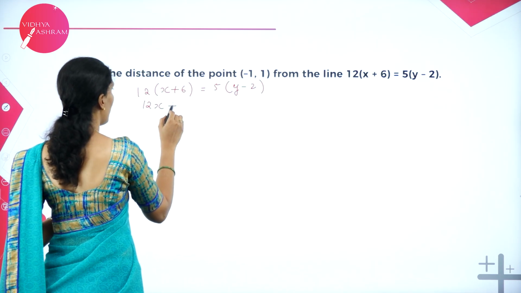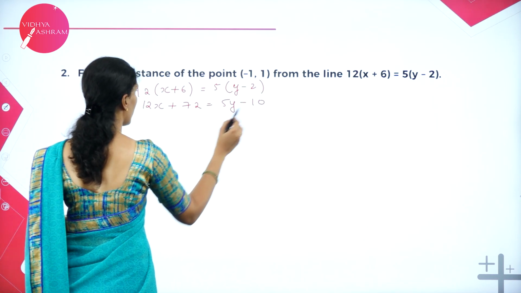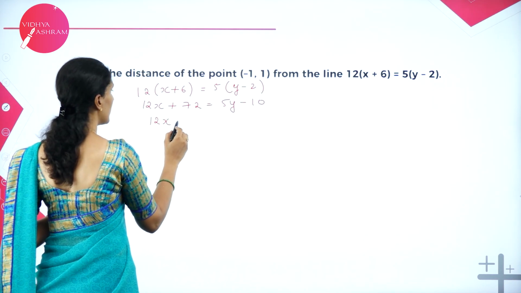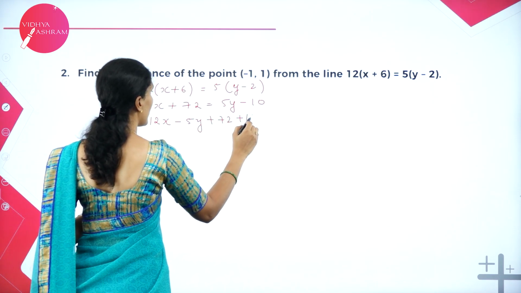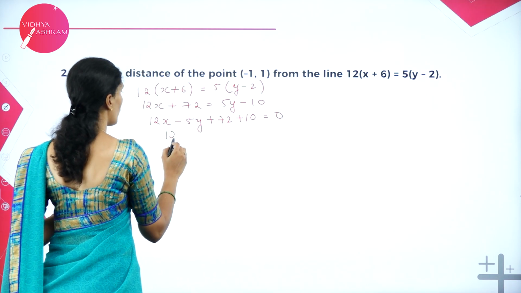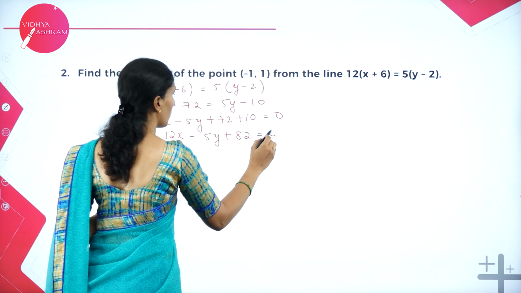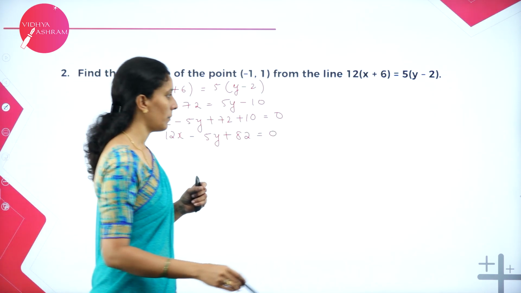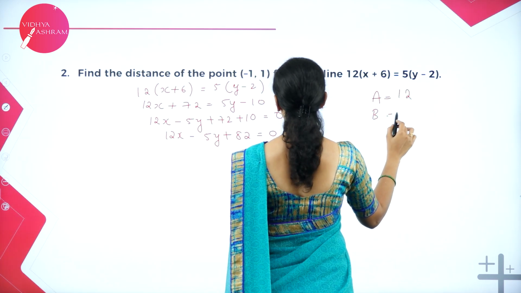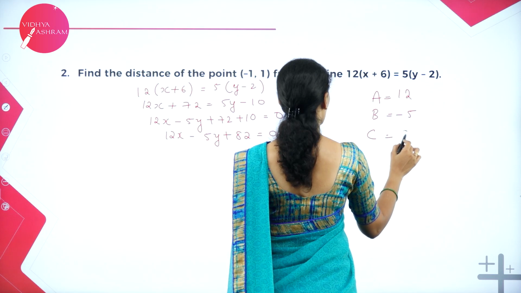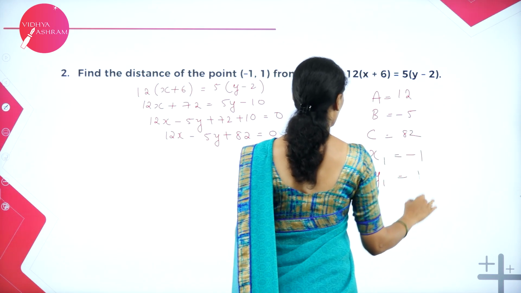So 12x plus 72 is equal to 5y minus 10, or 12x minus 5y plus 72 plus 10 is equal to 0. 12x minus 5y plus 82 is equal to 0. Now write the values of A, B, C. A is equal to 12, B is equal to minus 5, C is equal to 82. x1 is equal to minus 1, y1 is equal to 1.